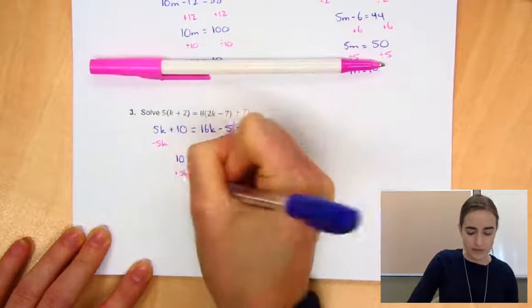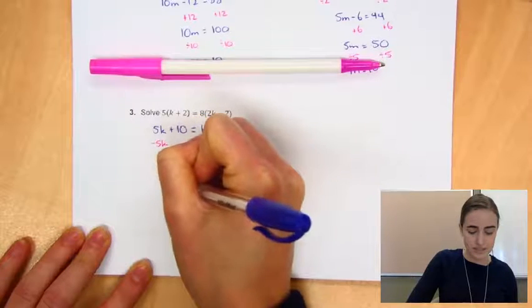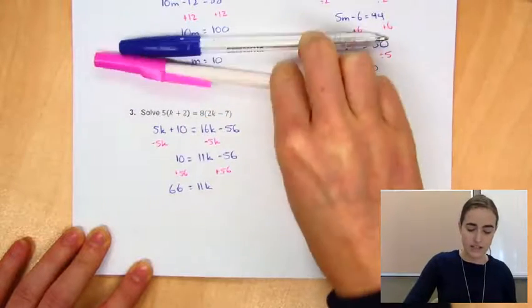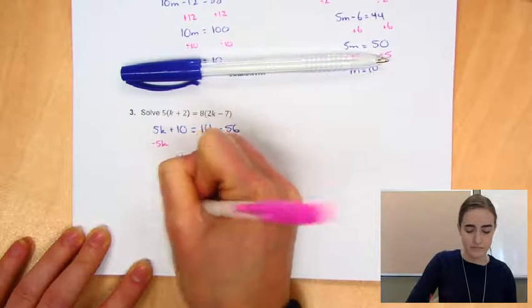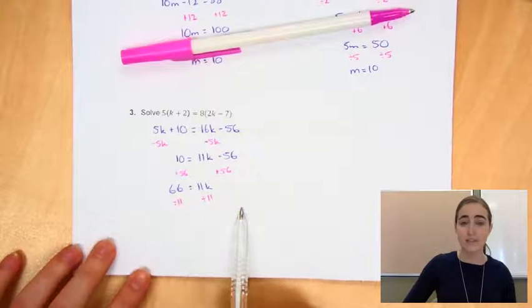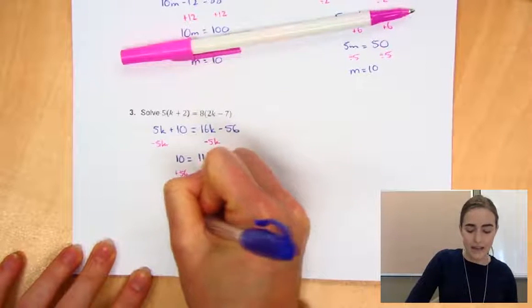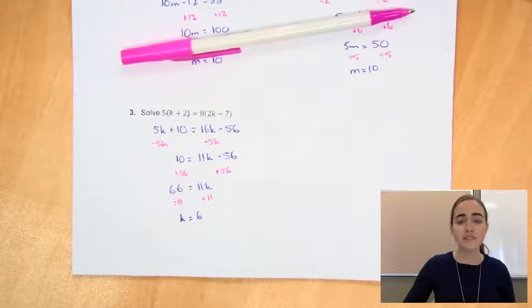We'll end up with 11k equals 66. And then divide both sides by 11. I'm just going to flip that over as we do it as well. So instead of ending up with 6 equals k, I'm going to write k equals 6. So those are a few examples of equations involving brackets.